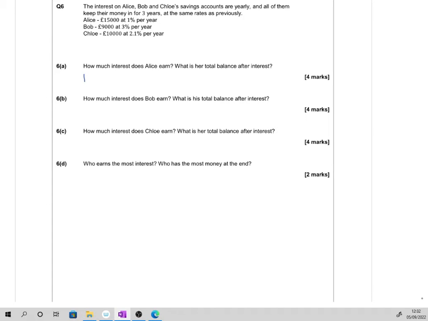So the balance is going to be 15,000 times 1.01 cubed for those 3 years. 15,000 times 1.01 cubed is 15454.52, and how much she earns is this number take away that number.